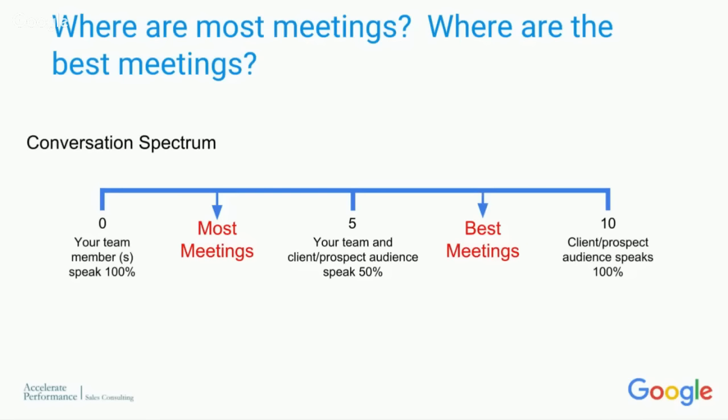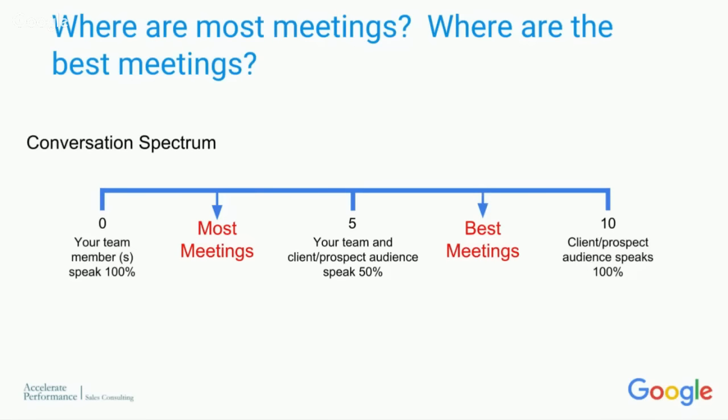Our better meetings are when we're able to move to the right on this scale. Now, there's a lot of little tactics we'll focus on today that help us intentionally move to the right. One little one, if you're having meetings with your clients where you have slides, by the way, I'm sure you're only using Google Slides and not any other version of slides.